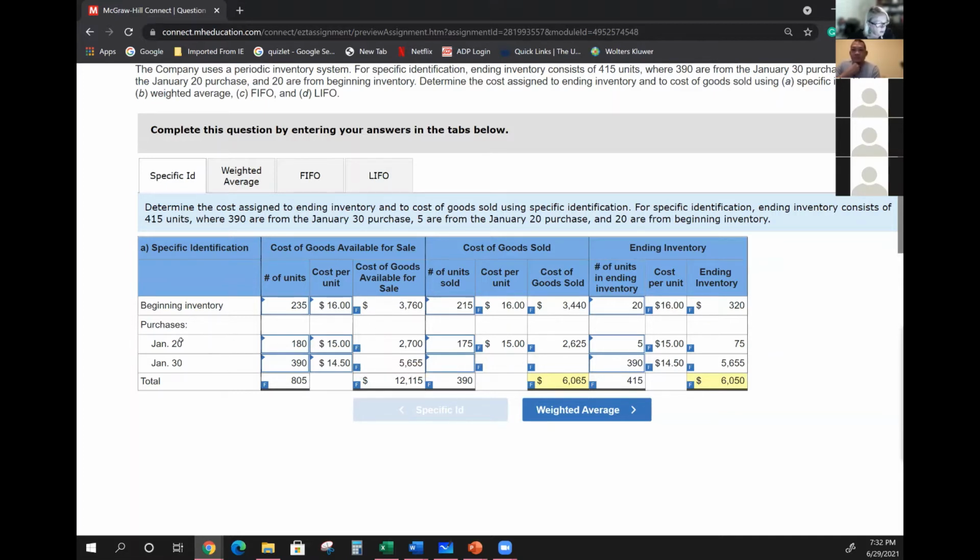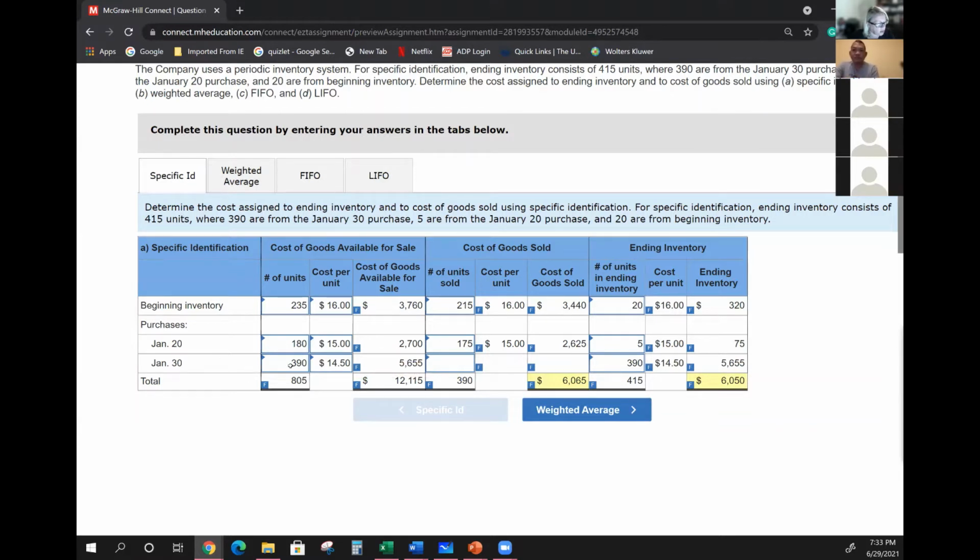All right, on the 20th, I made my purchase. So now I know from the information they gave me how many I had left in inventory. So the difference is what I sold. So I sold 175 out of that batch at $15, which is $26.25. I had 5 left at $15 for $75.